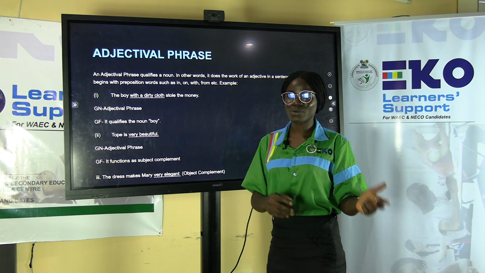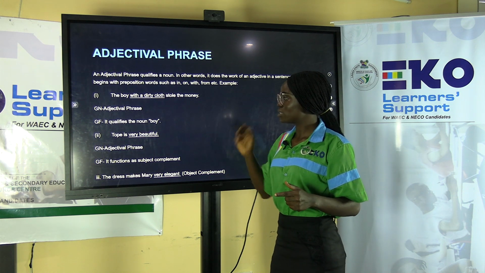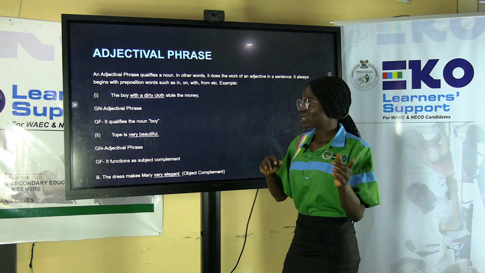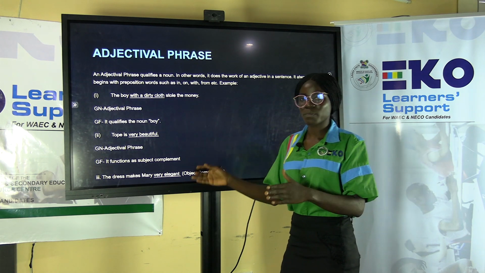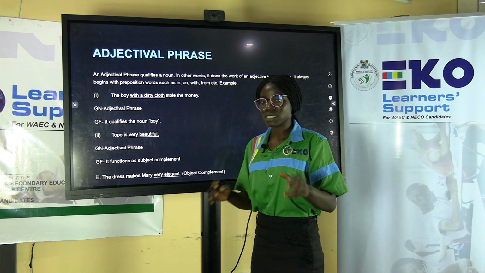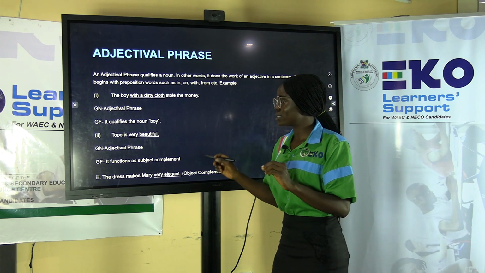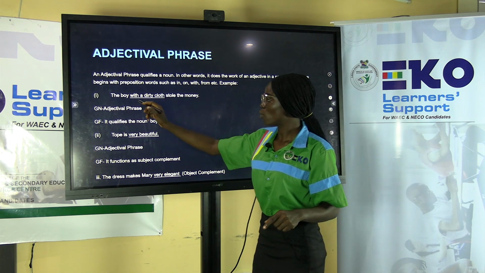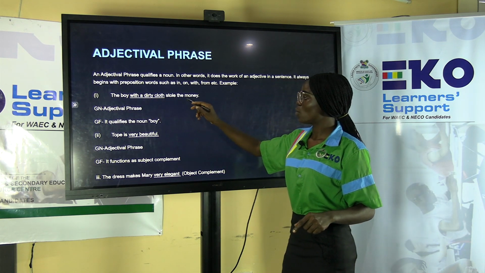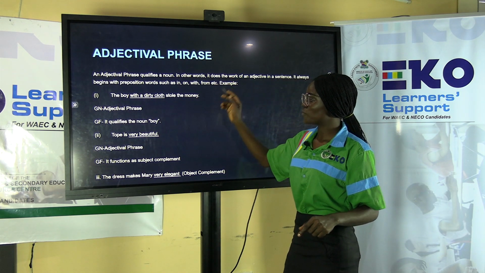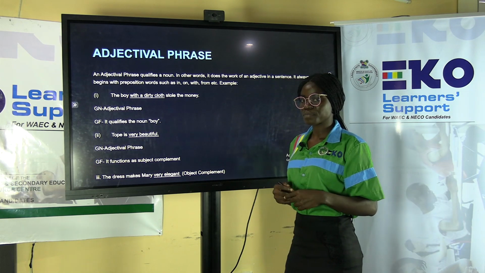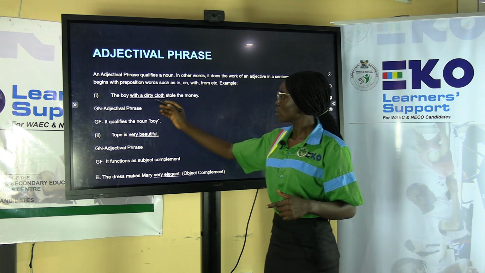That is, there is a particular boy that has a dirty cloth on, which makes us understand that there are different boys. Probably there are different boys in that particular environment, but there is this particular one that is dirty, and that particular one stole the money. So the boy with dirty clothes stole the money. The adjective phrase in that sentence is with a dirty cloth, because an adjective does what?